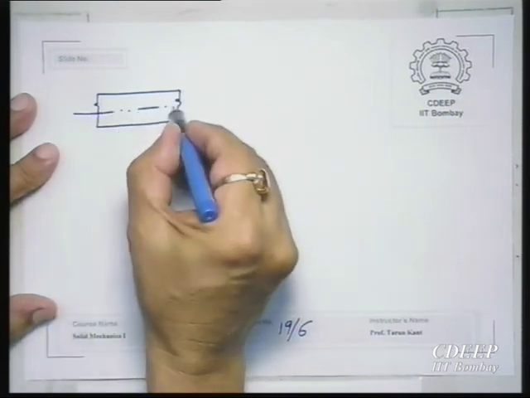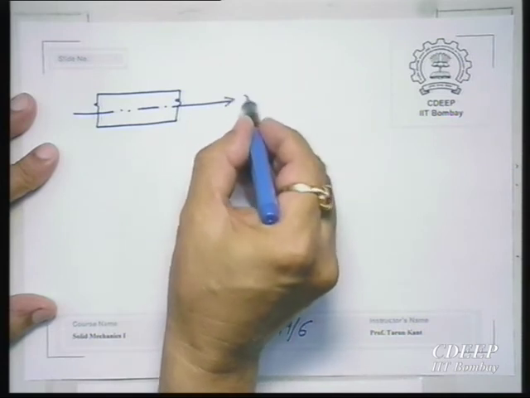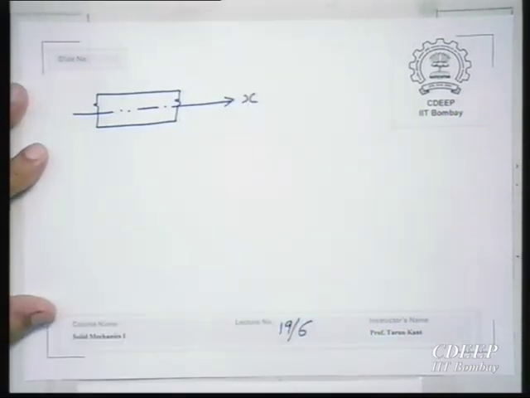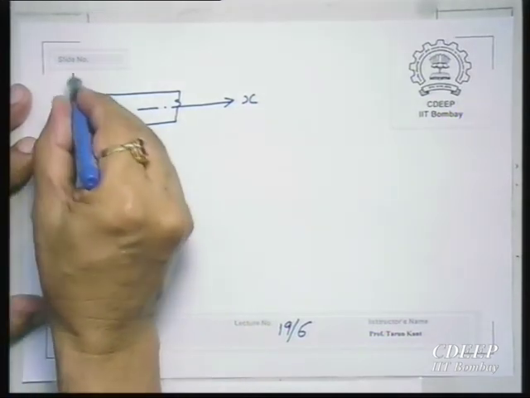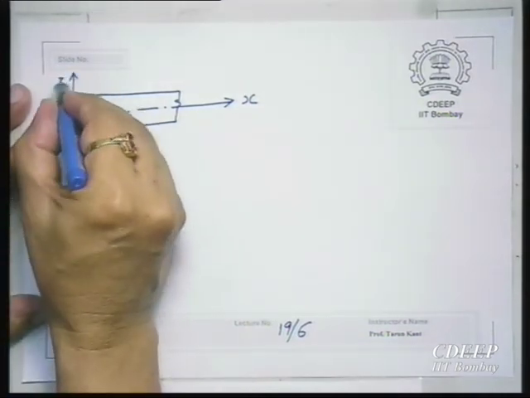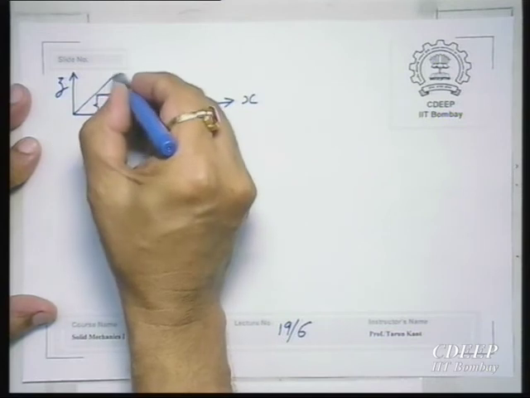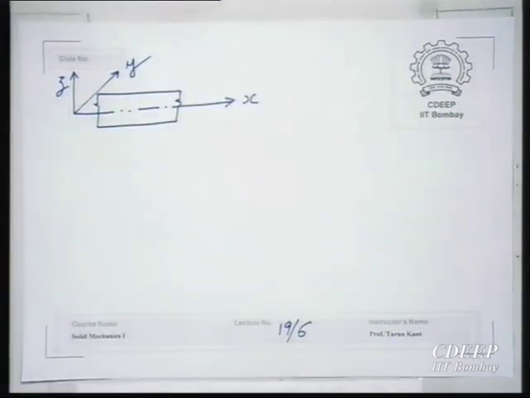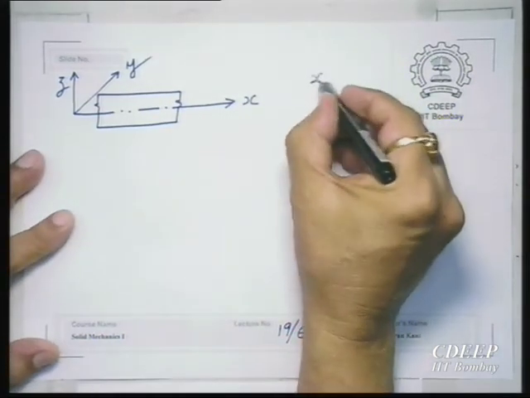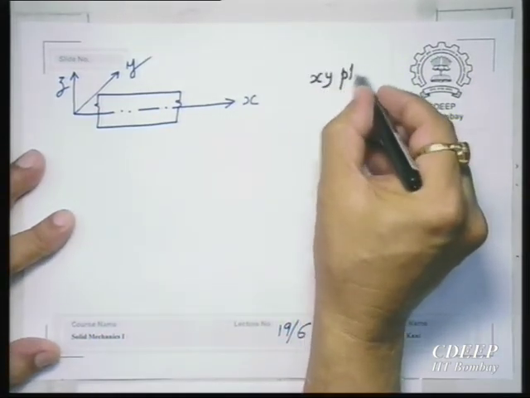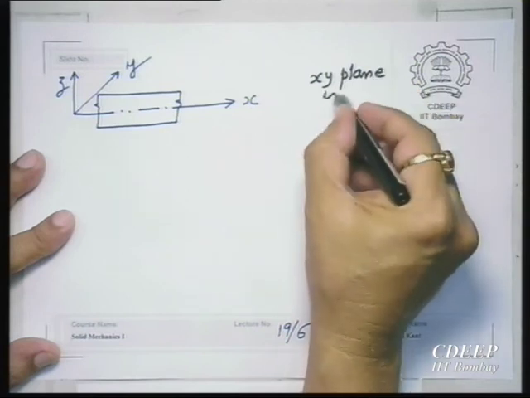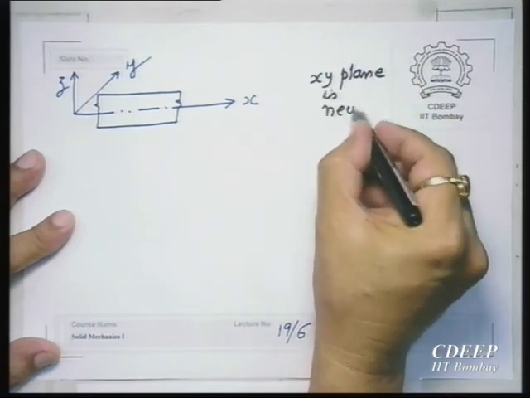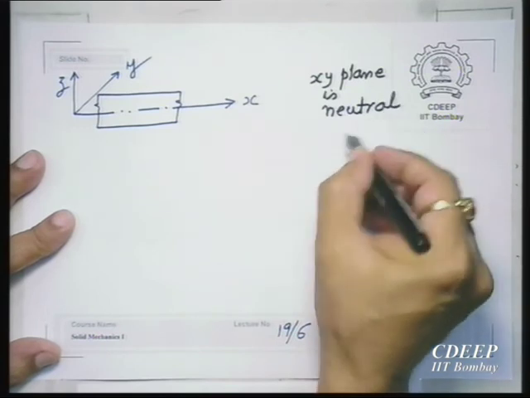Now I am fixing my x axis as the neutral axis, z is vertical, y is always horizontal. So, the xy plane is the neutral plane.